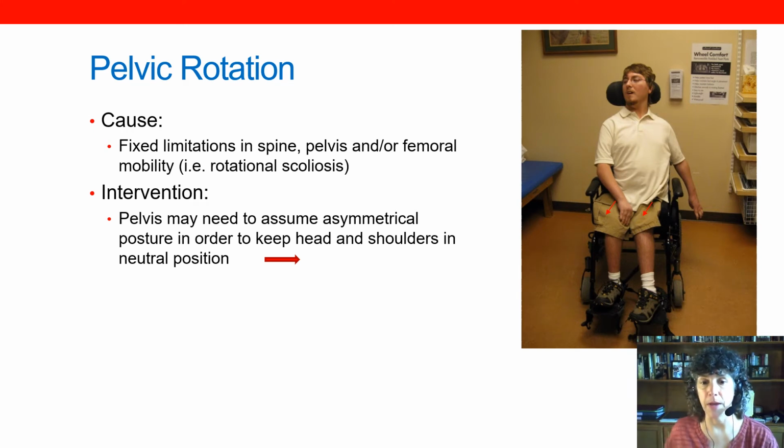We want them to be able to face their world face on. So in this case, we may allow the pelvis to assume some asymmetry, some rotation, if this is what's required for the person to face forward. We just have to make sure the seating system is providing adequate pressure distribution, particularly on the posterior pelvis.